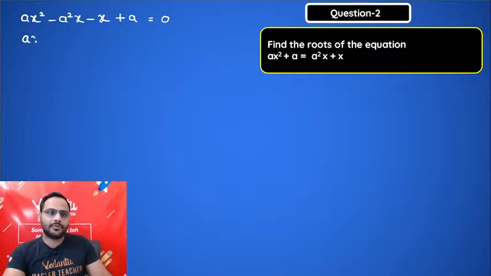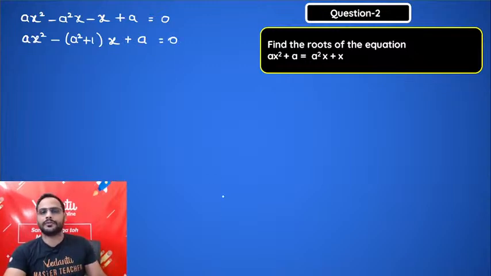So we have one term of x square here. If I take a square plus 1, with x minus x common, we'll be left with a square plus 1, and here we have plus a equal to 0. This is my equation. We have to find the roots.